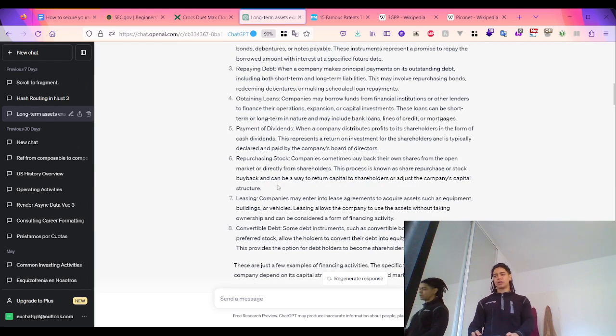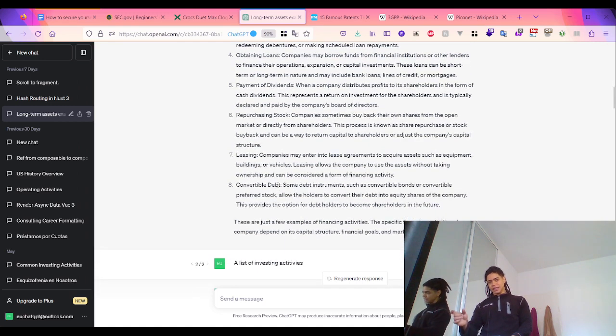Leasing is an agreement in which a company allows another company to use a particular building, equipment, or vehicle without taking ownership.